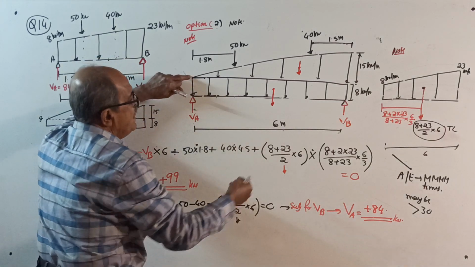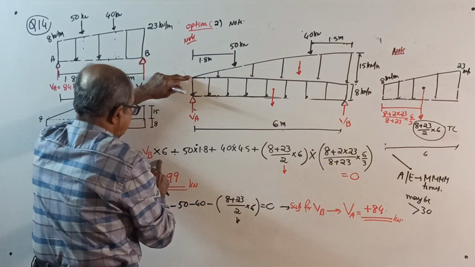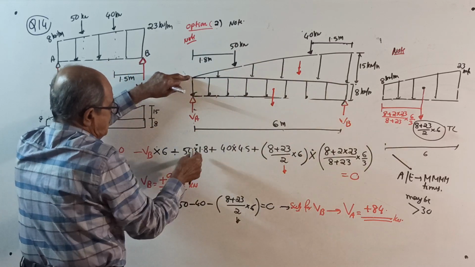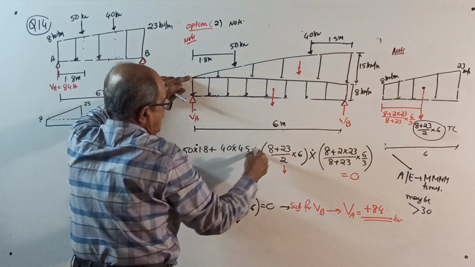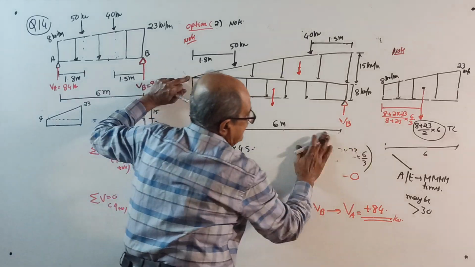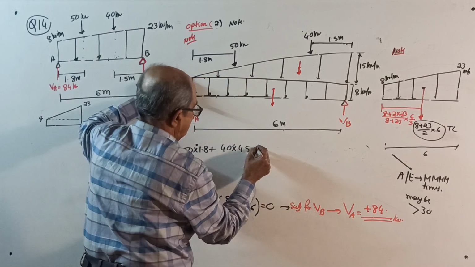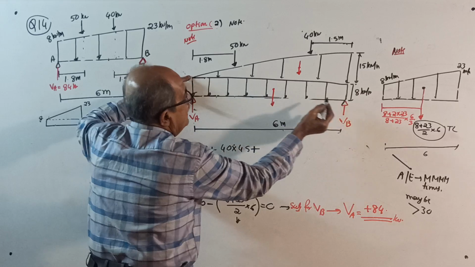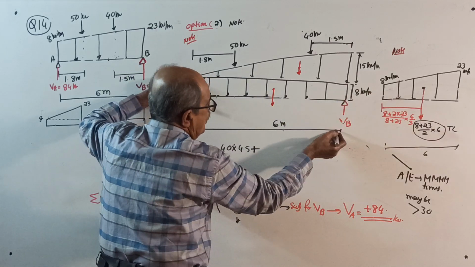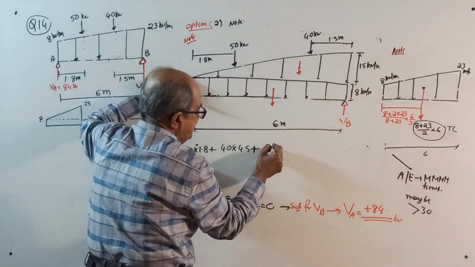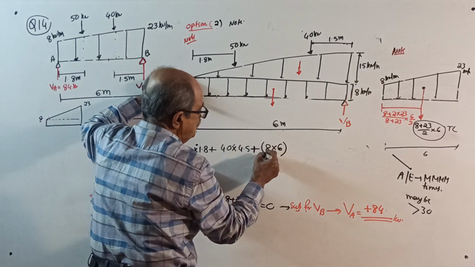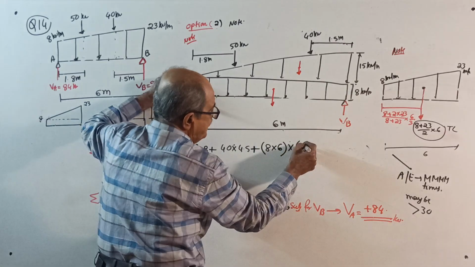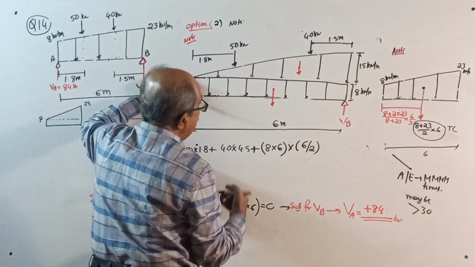Start. Take moment about A. Minus VB into 6 plus 50 into 1.8 plus 40 into 4.5 plus UDL 8 kN per meter for 6 meter. 8 into 6 is the total load multiplied by 6 by 2. Why center?